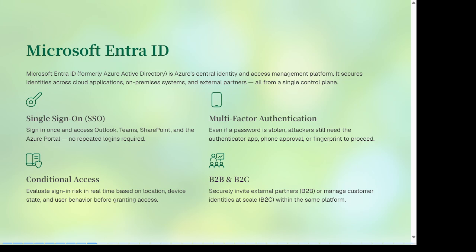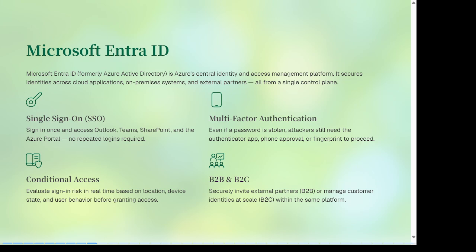But here it will not ask you for authentication again and again. So no repeated logins, no multiple passwords. This improves both security and user experience.